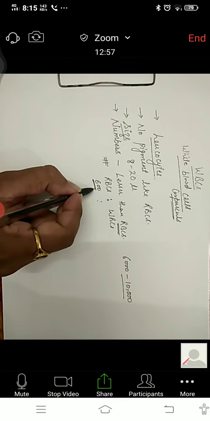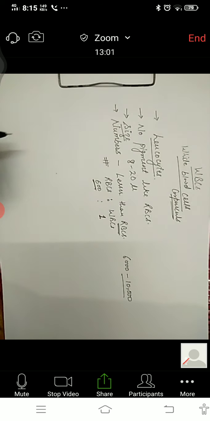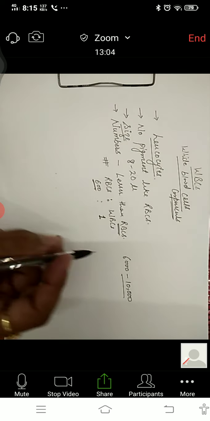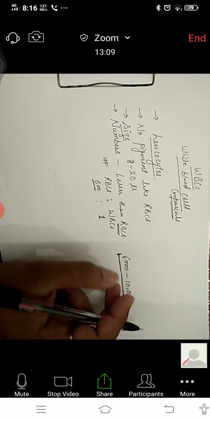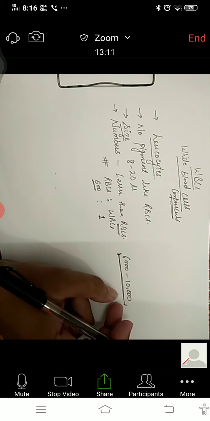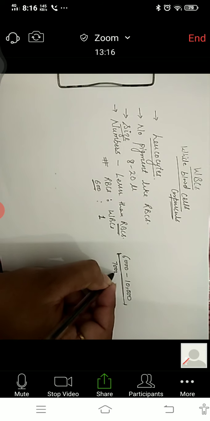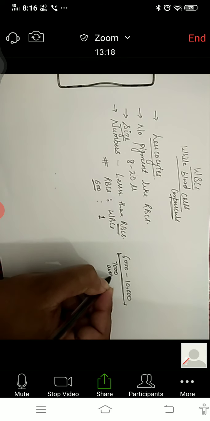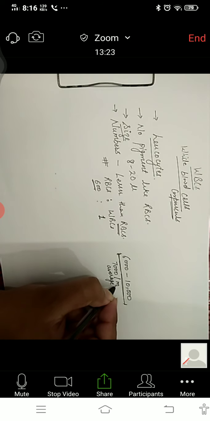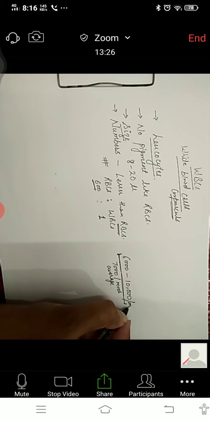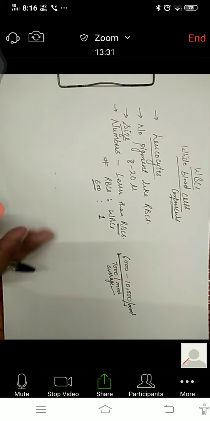For every 600 RBCs, there is only one WBC. The total amount varies from person to person, 6,000 to 10,000, but we just estimate it. It should be a 7,000 average, 7,000 per mm cube. It's an average amount for WBCs.